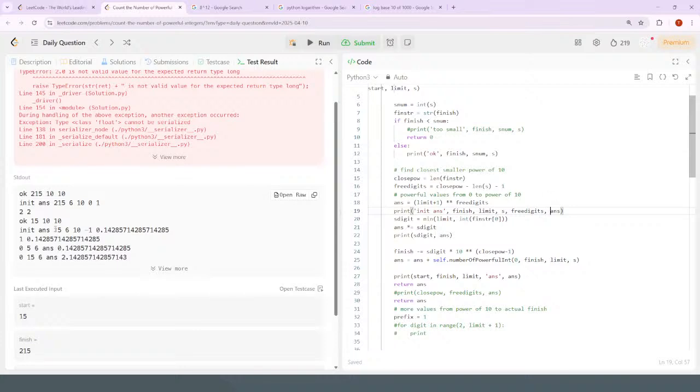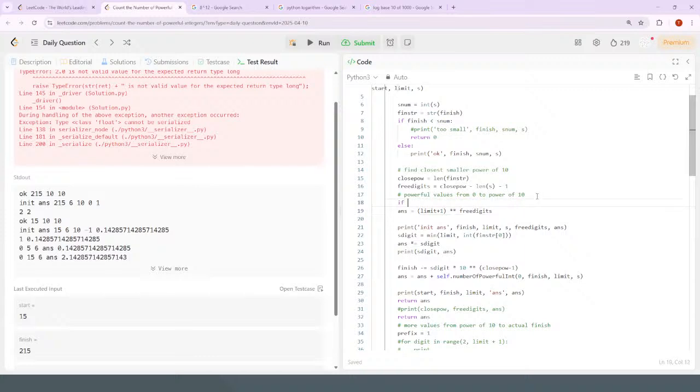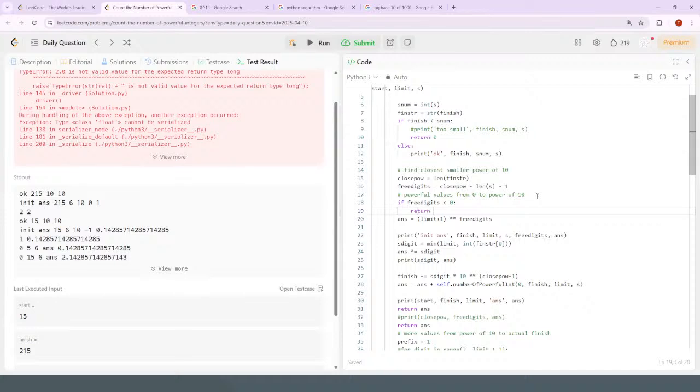How odd. Your 15 is your finish, 6 is your limit, 10 is your suffix. If free digits is less than 0, return 0.